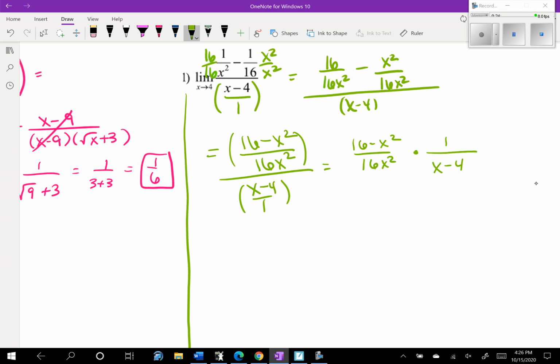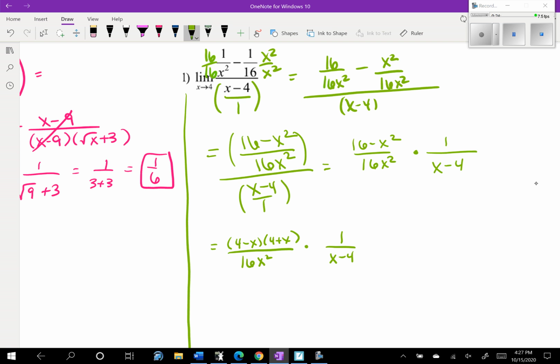And if I look right here, I have 16 minus x squared, which is the difference of two squares. So I'm going to go ahead and factor that. So that factors into 4 minus x times 4 plus x over 16x squared times 1 over x minus 4.